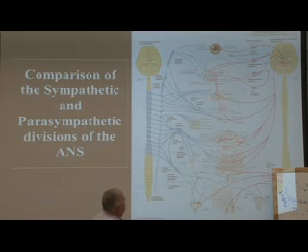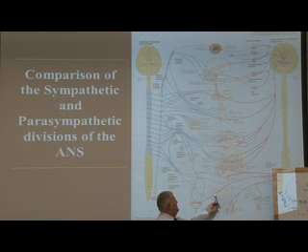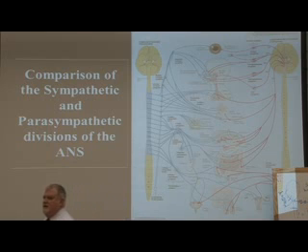So which one up here, red or blue, is the sympathetic nervous system based upon where the ganglia are? All right, and so to make sense out of that, the solid lines are myelinated B-type fibers, and the dashed lines are unmyelinated C-type fibers.